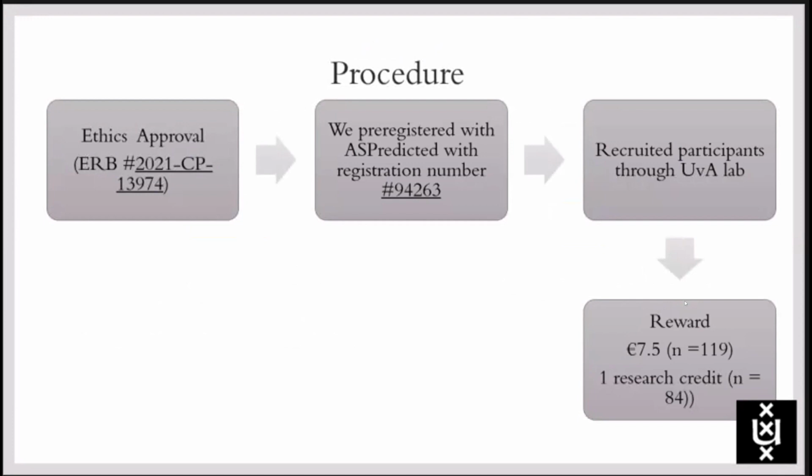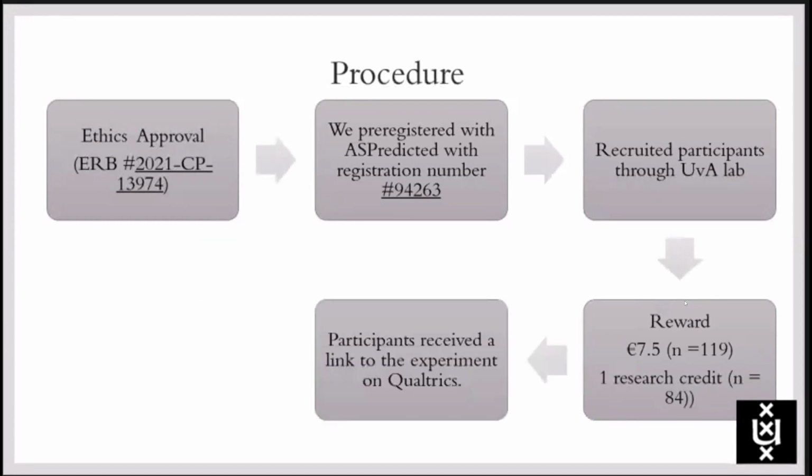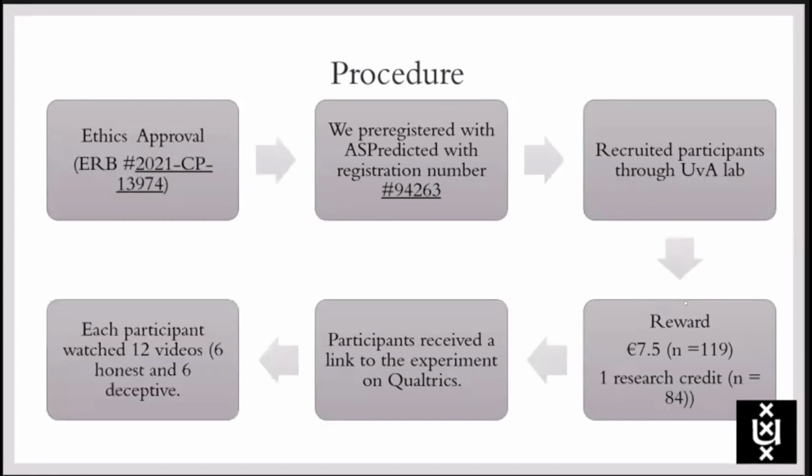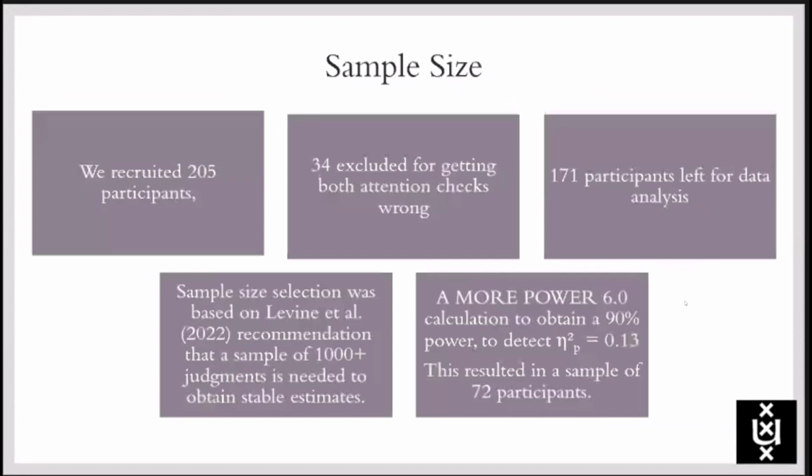So they could choose between money and research credit, and participants received a Qualtrics link, and they could take part in the study online. And each participant saw 12 videos, 6 deceitful videos and 6 honest videos.